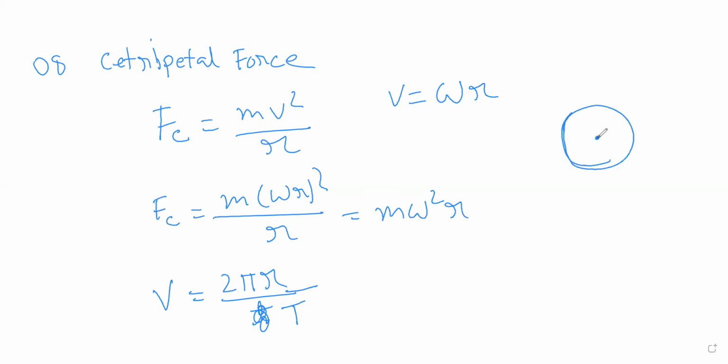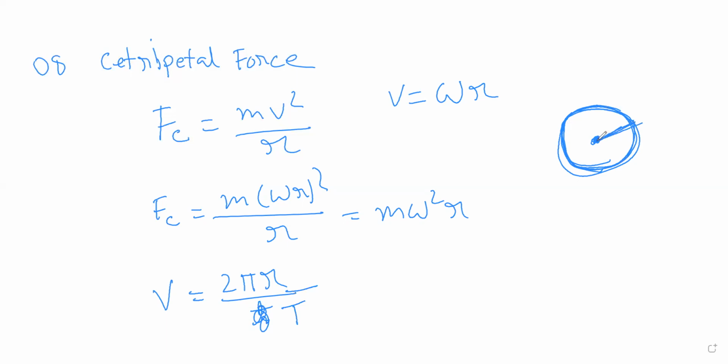Just remember, when we discuss centripetal force, that means one object is moving in a circle around a center, right? So in a circle it's moving. That means the whole distance covered is the perimeter, 2 pi r, right?